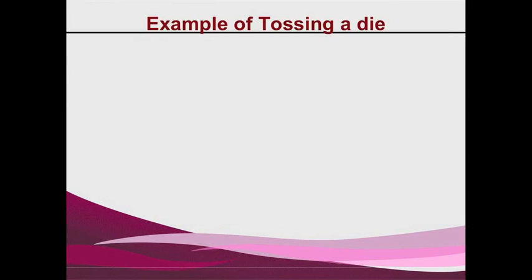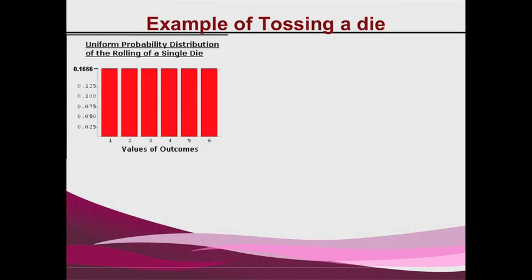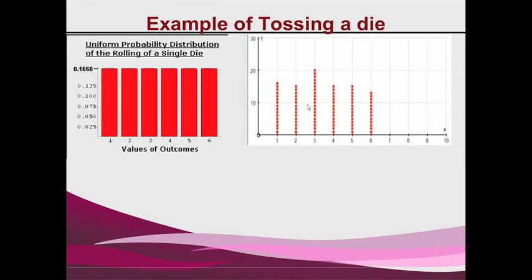Let's give an example of tossing a die. When we toss a die, we know the probability distribution is that every single face has the same probability of coming up, so it's 0.1666. But if we actually toss the die, let's say 100 times or 200 times, we can see that there is some variability here.